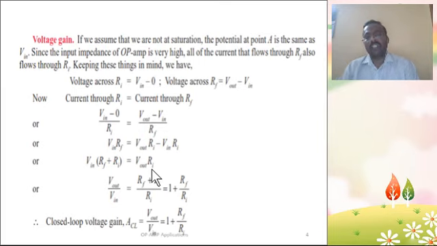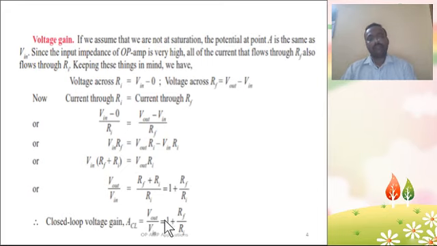Gain of the amplifier is V naught divided by Vin. That is equal to Rf plus Ri divided by Ri. Rf means feedback resistor, Ri means input resistor which is connected to the ground. It is equal to 1 plus Rf divided by Ri.